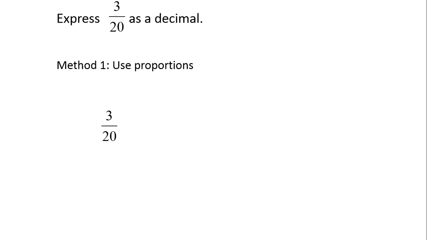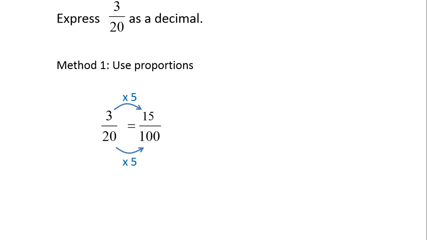So we can say 3/20 is the same thing as some number of 100ths. Since 20 times 5 is 100, 3 times 5 is 15. So we have equivalent fractions. 3/20 is the same thing as 15/100ths.